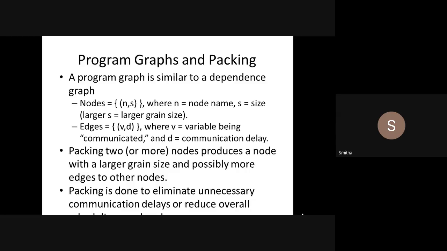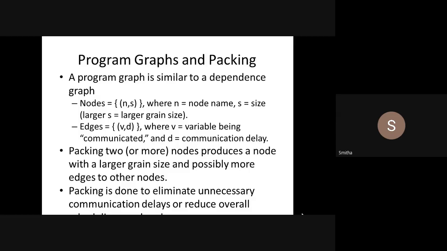We will have two numbers within parentheses, where the first number, n, is the node name. What is the name of that node? The second number, s, denotes the size. A larger s means a larger grain size. We know that if we have n instructions, then n is the size of that grain. So the larger the number, the larger the grain size.